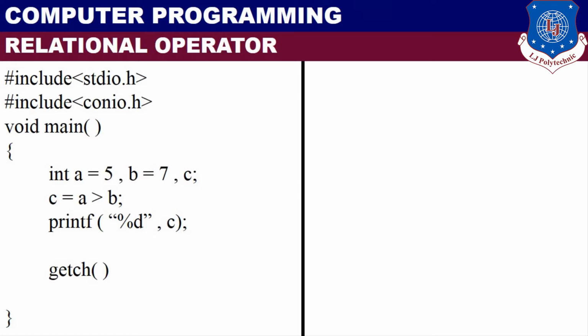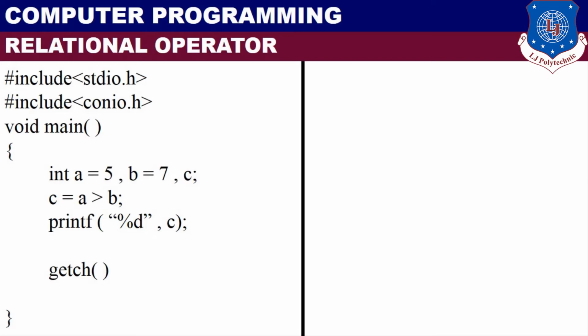My expression is c equals a greater than b. If this condition is true, it will give you the answer 1, meaning true, and if it is not true, it will give you the answer false, which is 0. printf %d, and the value of c will be printed on the output.